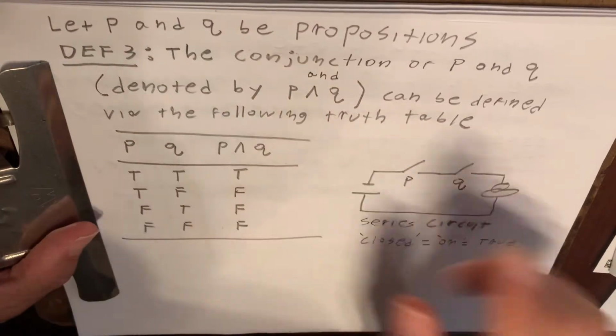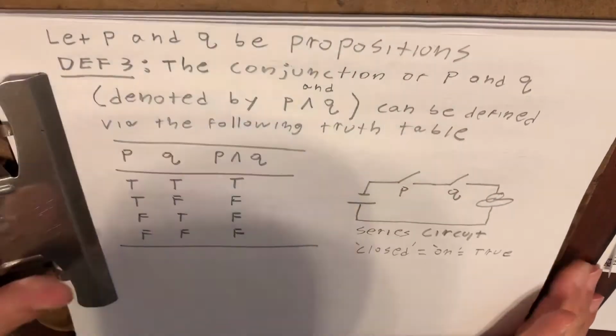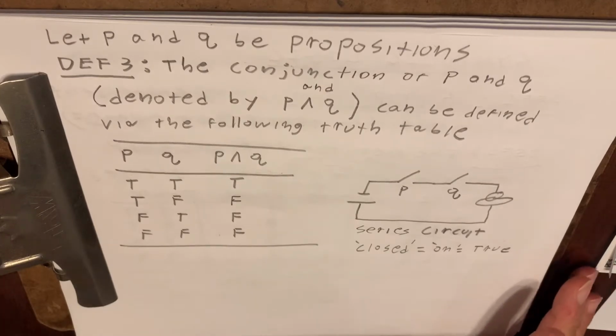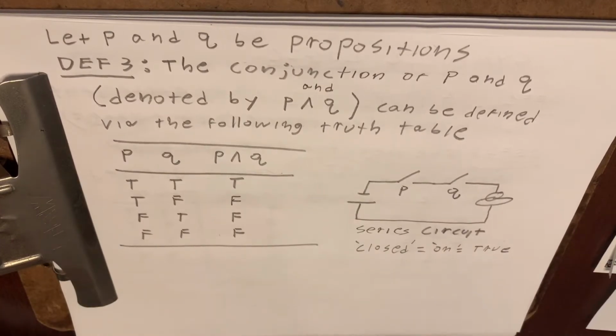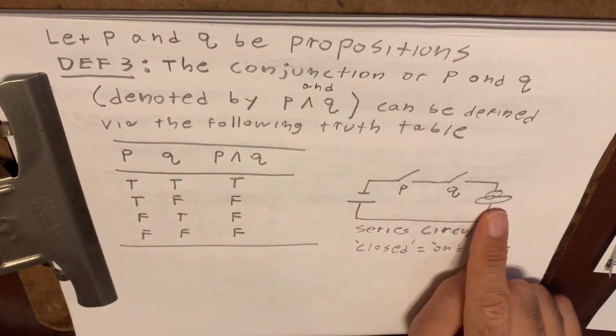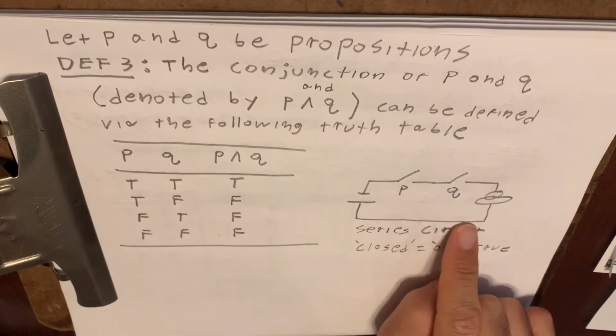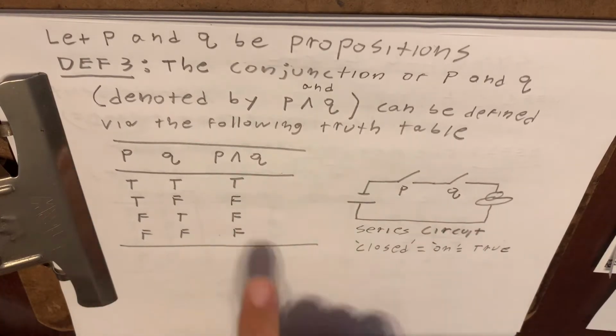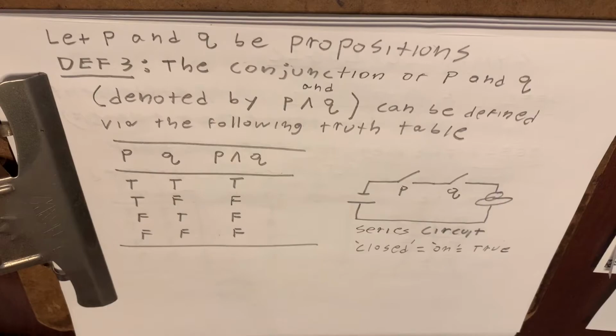We defined the term and we called it a conjunction. A logical conjunction. It sounds complicated, but it's really not that complicated. And we defined it in a truth table, and the way we can remember it is as a series circuit, because I'm not going to just remember the truth table, but if I conceptualize it through the analogy of a series circuit, I'm cool.